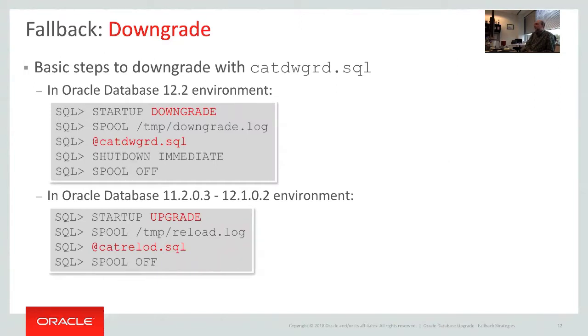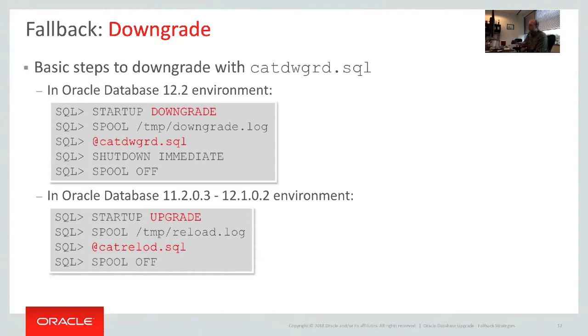Then you run the catdowngrade script, and that will undo most of the upgrade actions that were performed when you upgraded to 12.2. And then you shut down, start up in upgrade mode in the old environment, say 11.2.0.4, and run catreload. That will make the dictionary again an 11.2.0.4 or whatever version you're going to dictionary.